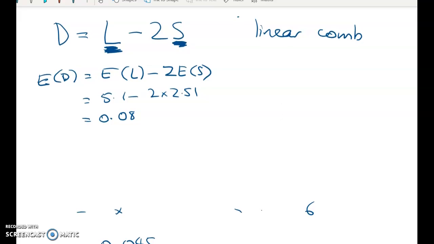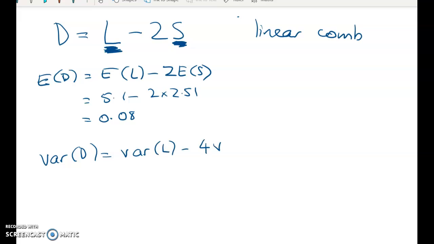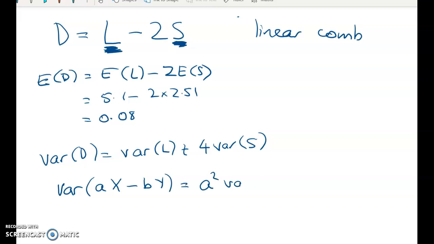Then for the variance, it is going to be the variance of the large one plus 4 times the variance of the small one. The reason for that is the result we had way back when, which is this one here.